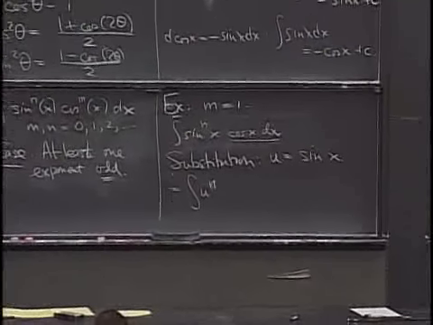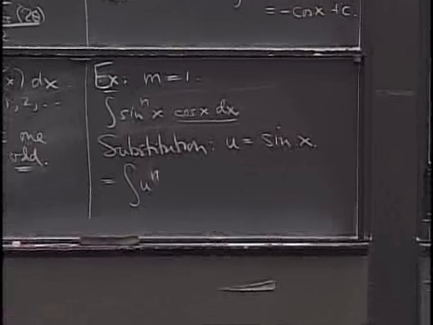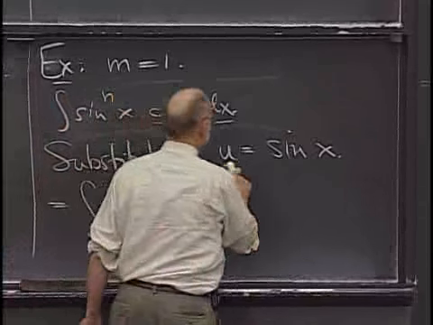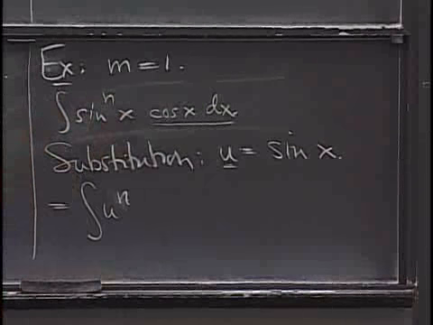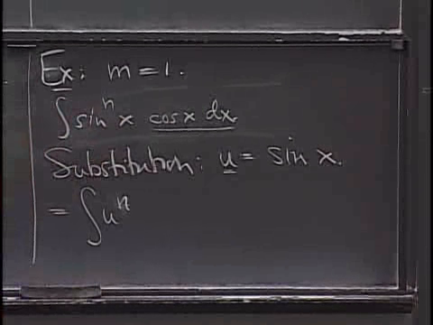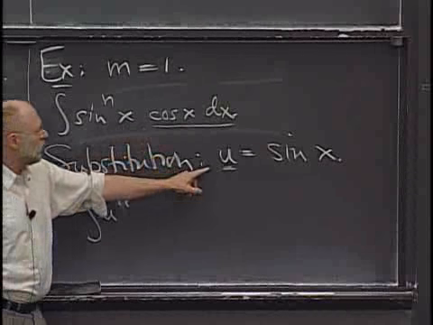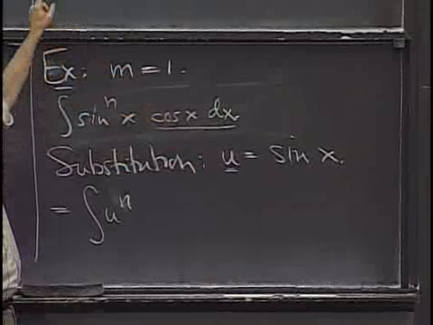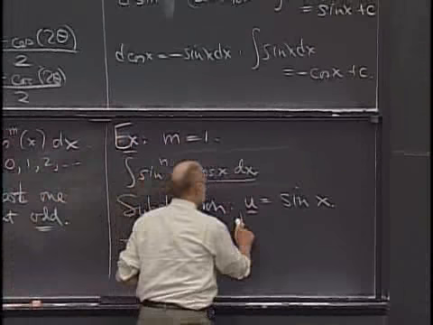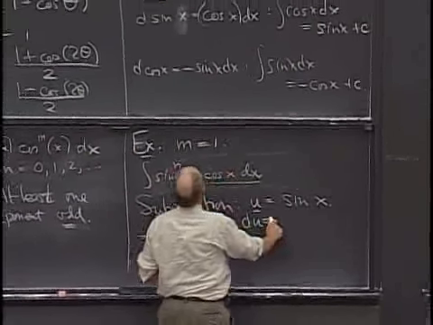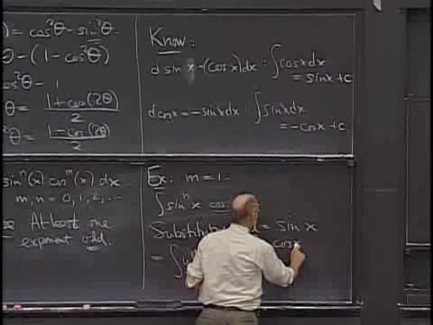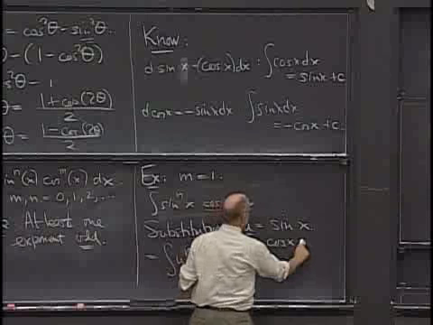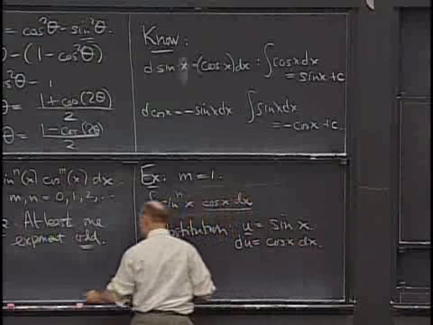When you make a substitution, you've got to go all the way and replace everything in the expression by things involving this new variable that I've introduced. So I'd better get rid of the cosine of x dx and rewrite it in terms of du, and I can do that because du, according to that formula, is the cosine of x dx. Let me put a box around that.